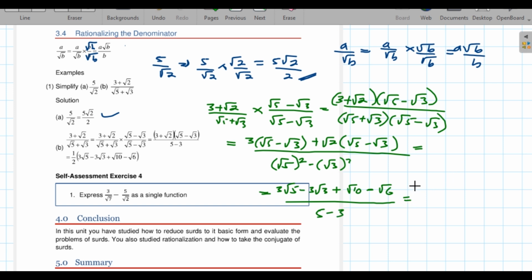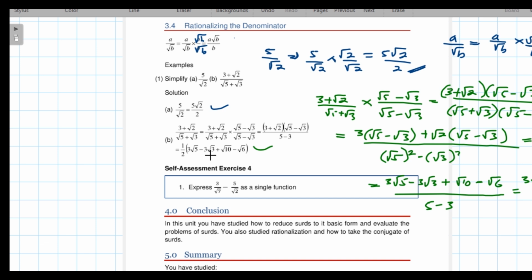Alright, so this is going to be 3 root 5 minus 3 root 3 plus root 10, which is equivalent to 5 times 2. So okay, let's just leave it at root 10. Then this is minus root 6, right, divided by 2. So that is our answer. So this is what we also have here.